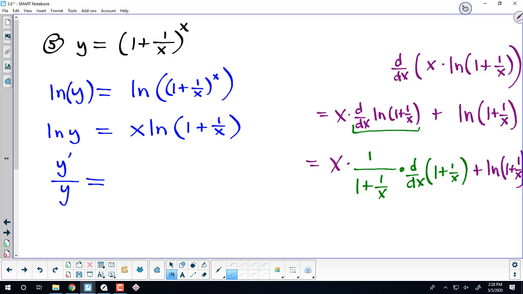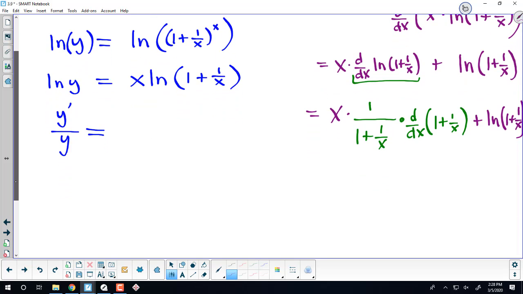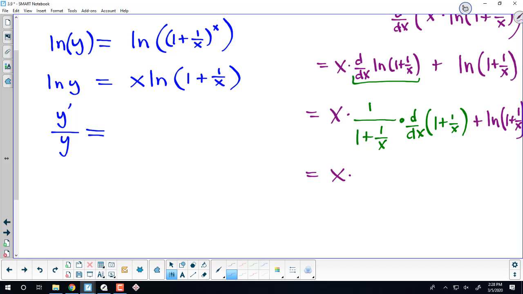What's the derivative of 1 plus 1 over x? What's the derivative of 1? 0.